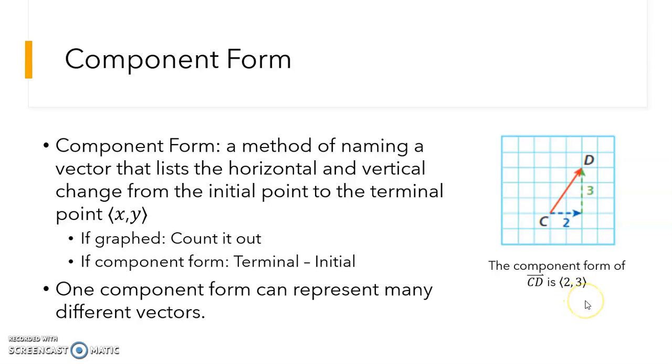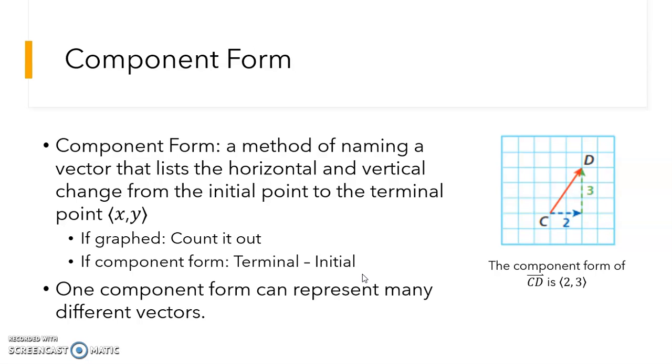Now, if you were to go down or left, you would make the number negative. If you don't have a graph, you can simply subtract the terminal ordered pair minus the initial ordered pair. And when you do that, you would do the x values subtracted and then the y values subtracted. And that would give you an xy pair at the end.